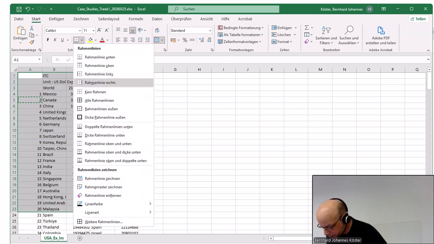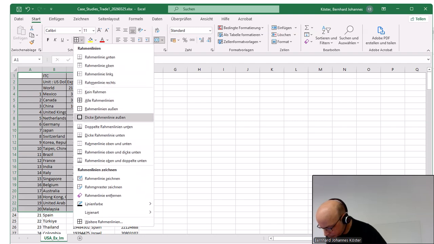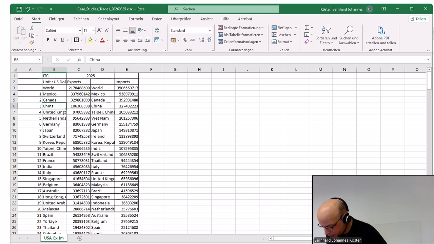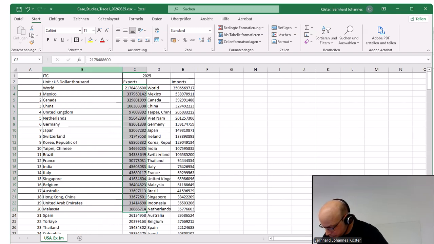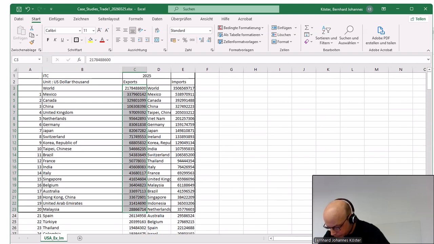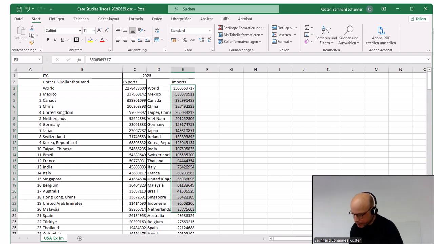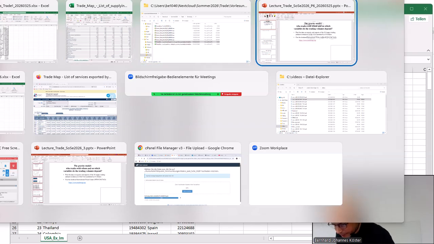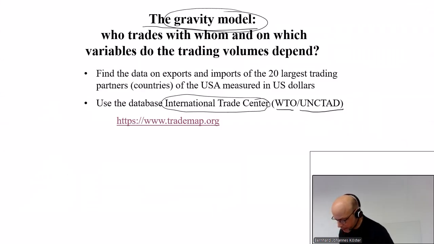Let's format this maybe a little bit, so that we can later on see it a little bit better, and we have to see the unit especially. Somehow like this. Yeah, and now we have this data.